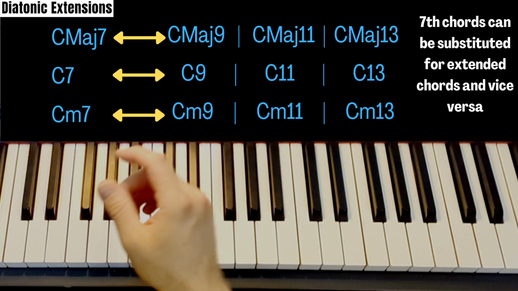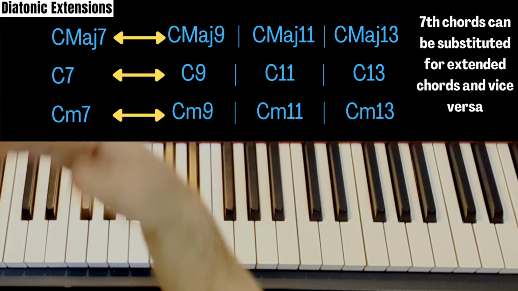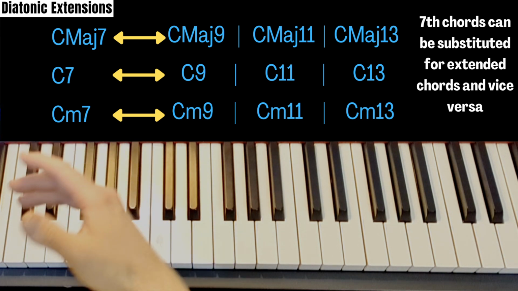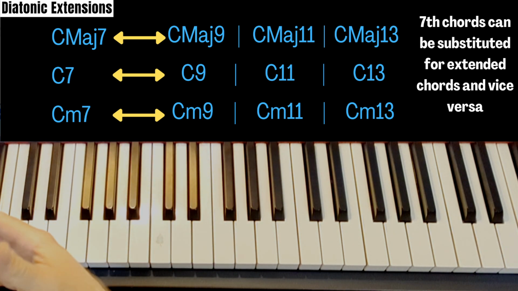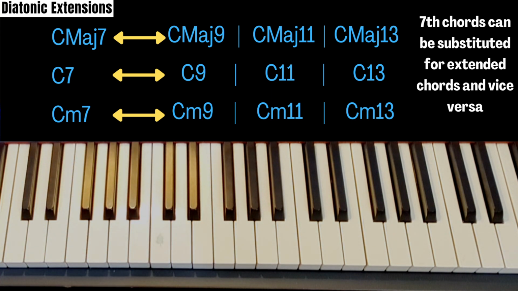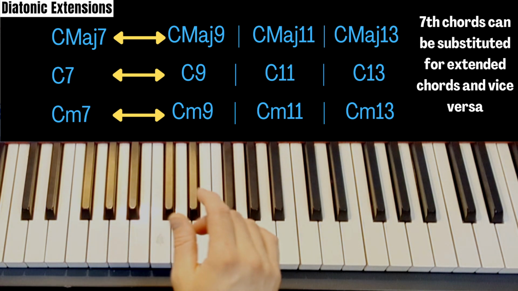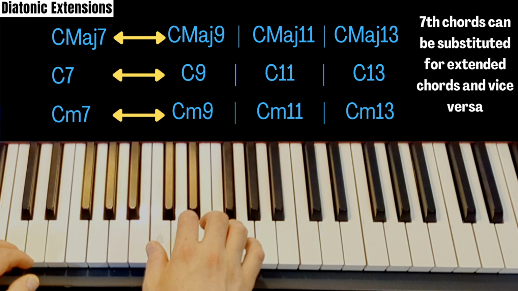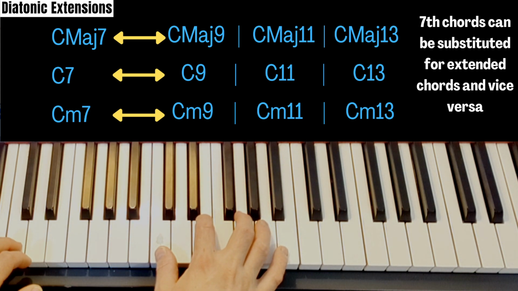One final thing is that if you're seeing C7s in the chart, it's your discretion whether you want to add extensions or not. So as you get to know these extensions, you can substitute these in wherever you see them in the chart, as long as the core type of 7th chord is correct.